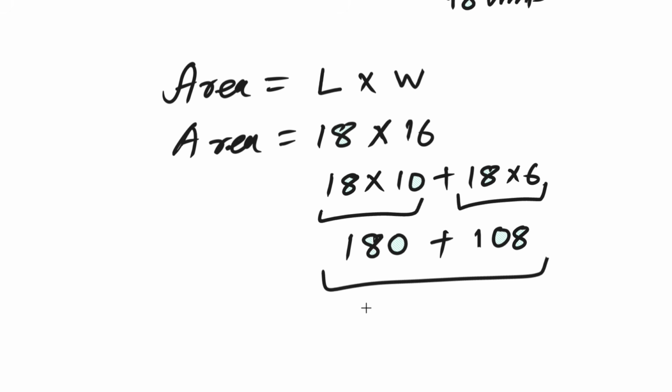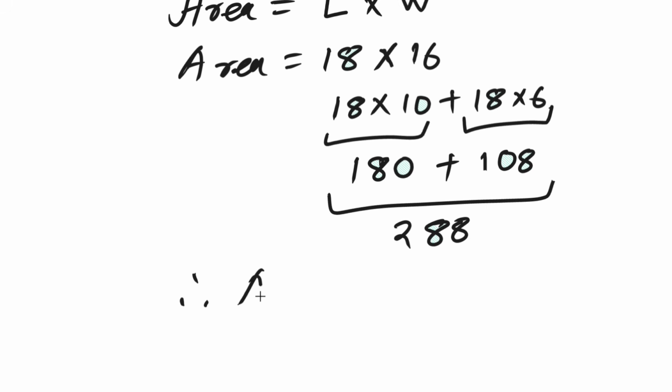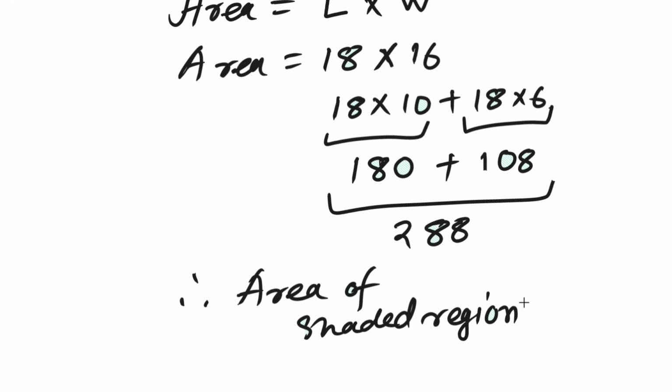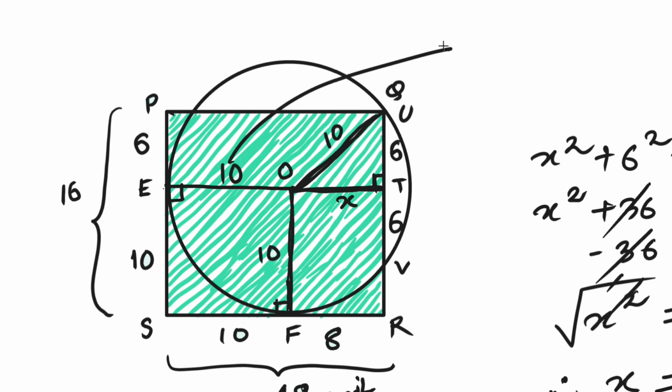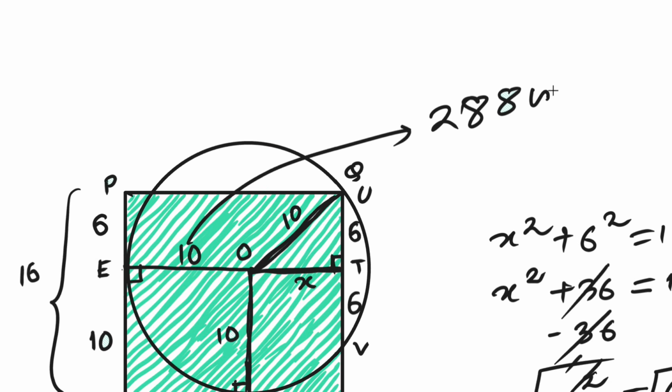Adding those together gives 288. Therefore, the area of the shaded region, which is the entire rectangle PQRS, is 288 square units. So our final answer is 288 square units.